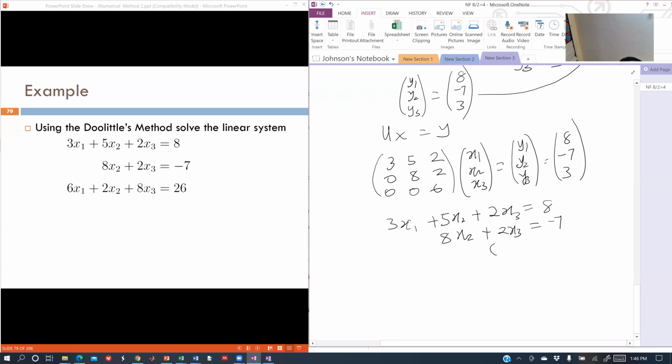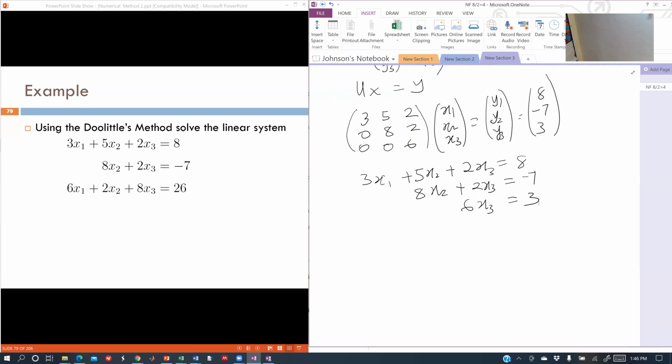And then 6x3 is equal to 3. So you see, we have another very easy system that we are going to solve. And with this particular system, we solve for our x3. So x3 is equal to 3 on 6, which is 1 on 2.